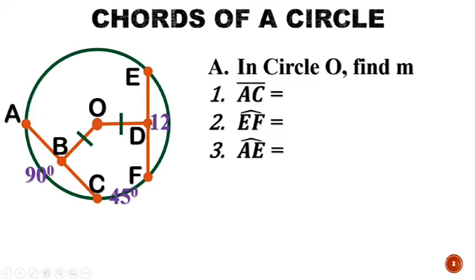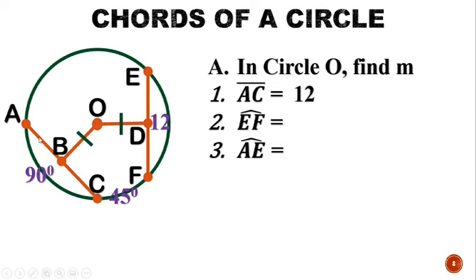At that suggests na yung chord EF has the same distance from the center with segment AC. So kung alam natin yun, alam din natin na yung chords nila will be equal. So segment EF measures 12 units, therefore segment AC will also measure 12 units.